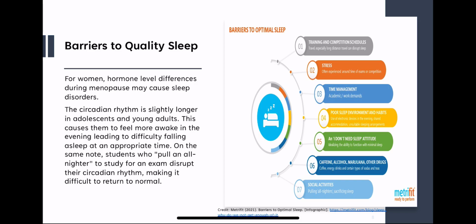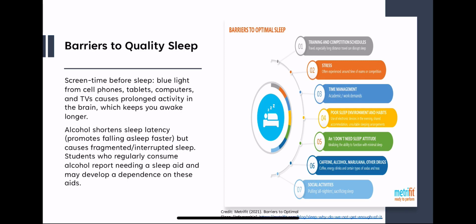Sometimes that has difficulty falling asleep, or maybe just difficulty falling asleep at a good time. Maybe you can't fall asleep before 11, or maybe you're having a hard time falling asleep at all. Either way, that circadian rhythm's affected, and that's causing you to have not so great sleep. And it's also very hard to get that back to normal.